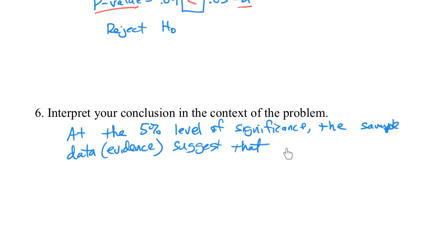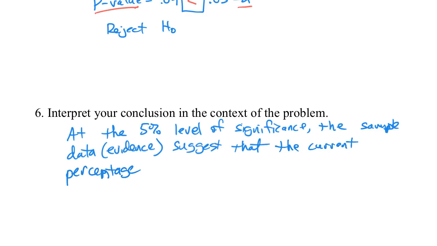If you look at our H1, it says P is not equal to 0.33. Now I'm just going to put that in words. I'm going to write suggests that the current percentage of American adults who have never consumed alcohol is different from 33%.